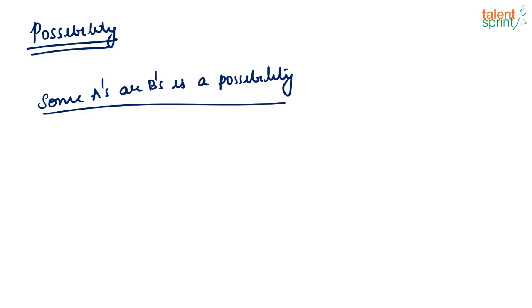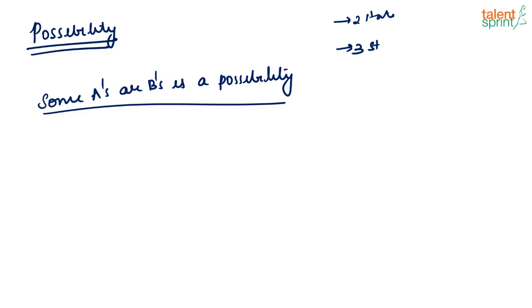Now in general from syllogisms, the first type of question that you can expect is wherein you are given two statements followed by two conclusions, or 2, 3 or 4 statements, sometimes even 5 statements, followed by a given set of conclusions.